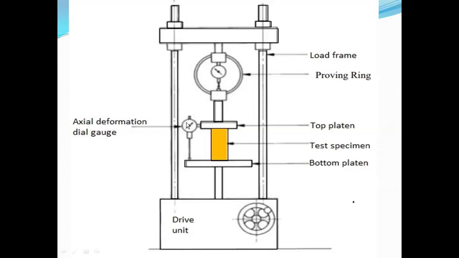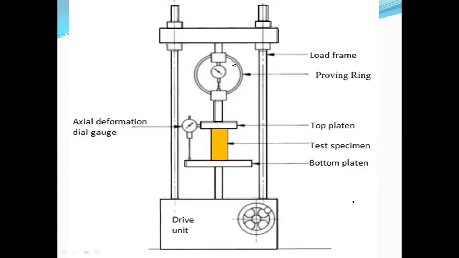There are also deformation gauges attached to it, because as part of this test we need to find out the deformation in the rock specimen when you apply the load, both in the longitudinal as well as the lateral direction. Upon measuring the deformation in both directions, we can determine the Poisson's ratio. So to compute the Poisson's ratio of the specimen, we need to measure the deformation in both the axial and the lateral direction.